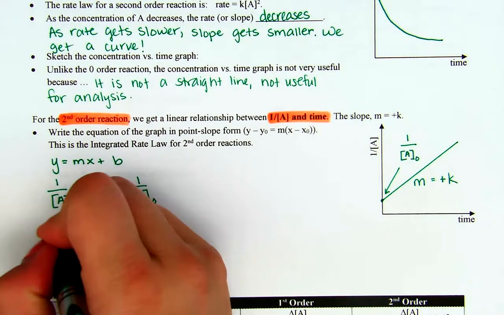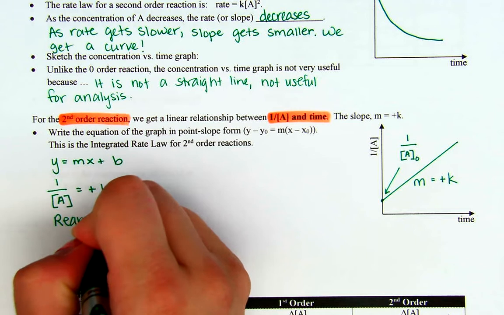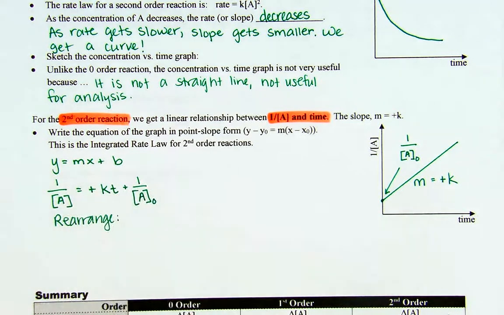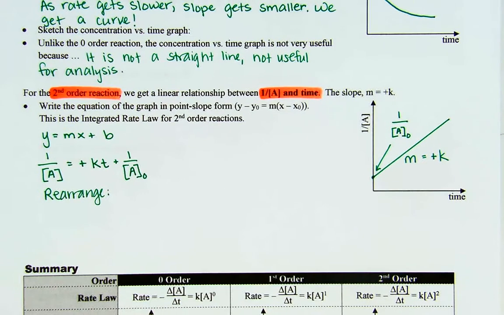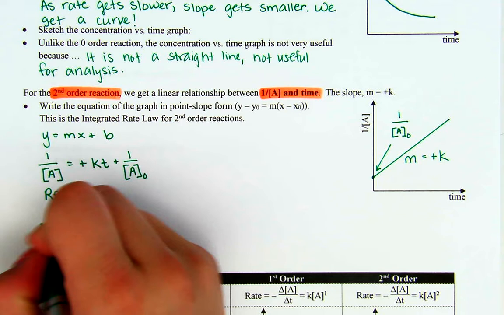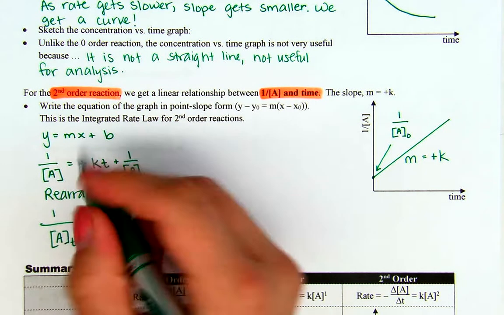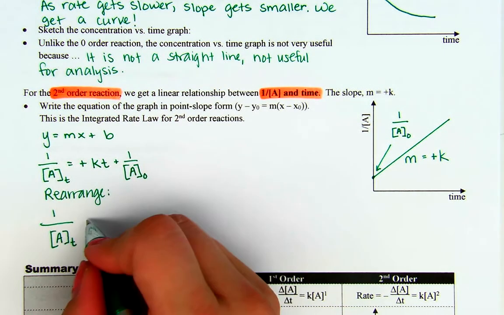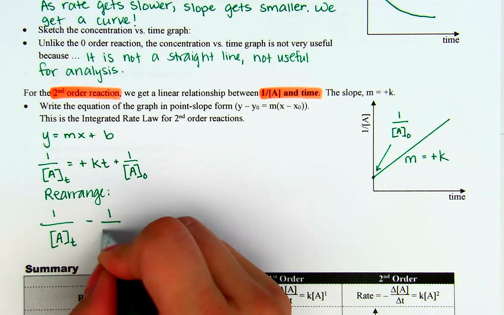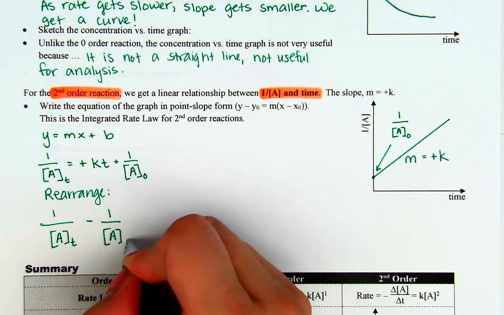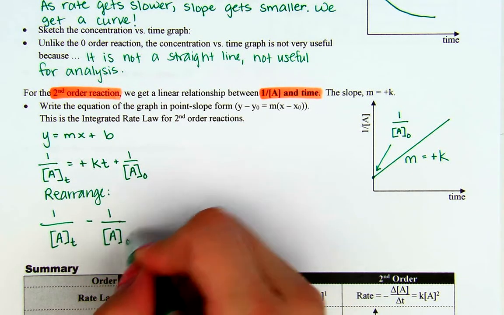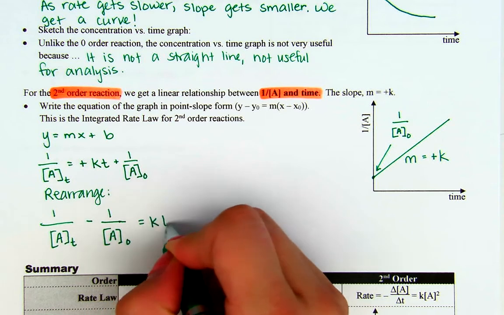Okay, so rearranging that into point slope form, and point slope form is the form that you're always going to be given. So rearranging that, we get 1 over A at time t, I should have a t there, minus 1 over the concentration of A at time 0, or your initial concentration, equals kt.